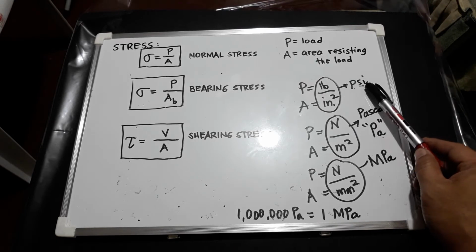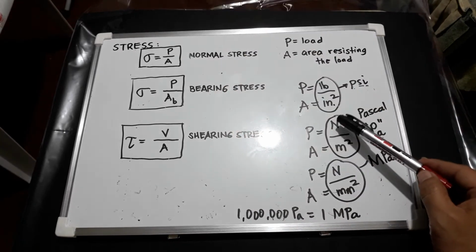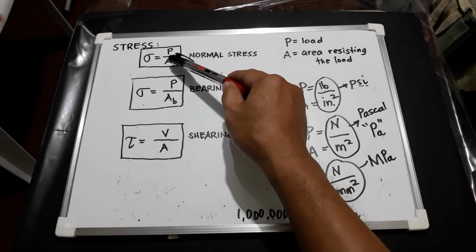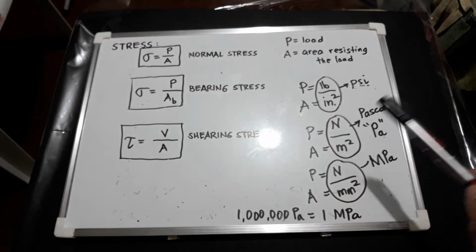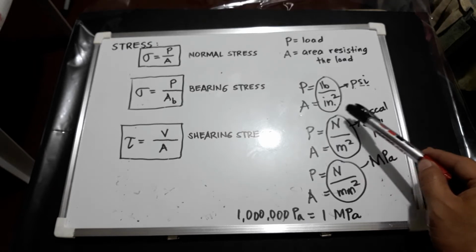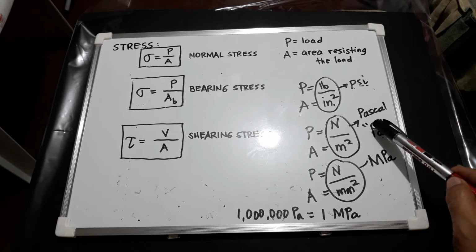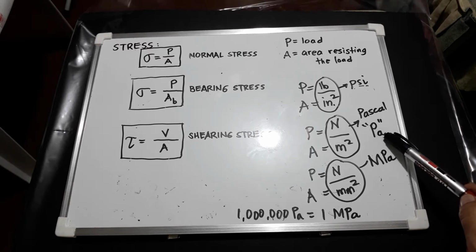Now what if the load here P is in newtons and the area is in meter squared? So Newton divided by meter squared is named Pascal, abbreviated as capital P and A.